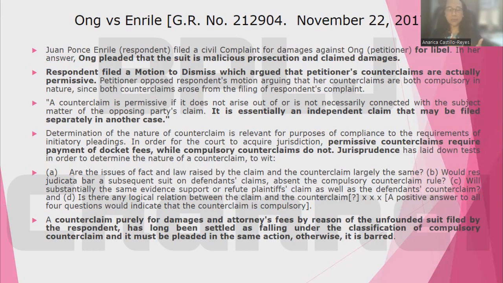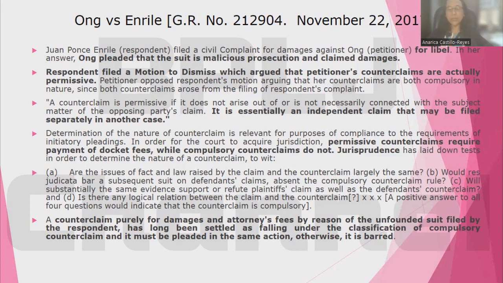A counterclaim purely for damages and attorney's fees by reason of the unfounded suit filed by the respondent has long been settled as falling under the classification of compulsory counterclaim, and it must be pleaded in the same action, otherwise it is void. Okay, so there is a suit for malicious prosecution and claimed damages.